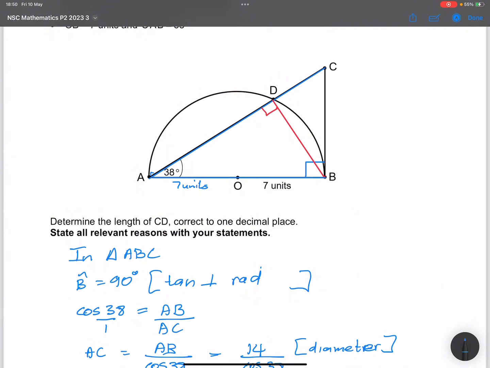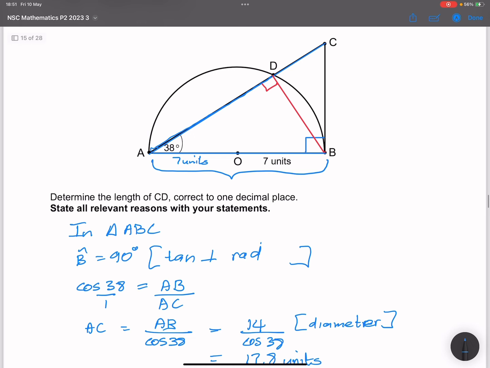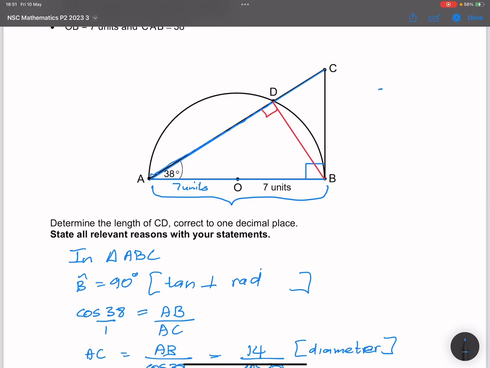So if I look at that triangle, now AB becomes my hypotenuse in that triangle, which means AD is now my adjacent side. Okay, so that means the cos, once again, of 38 degrees is equal to adjacent, which is AD, over the hypotenuse, which is AB, right? In that 90-degree triangle.